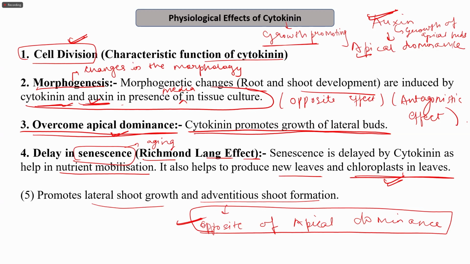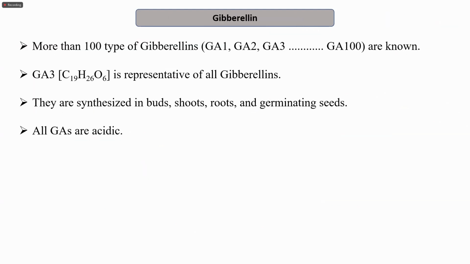Auxin helps in delaying abscission, and cytokinin helps in delaying senescence.